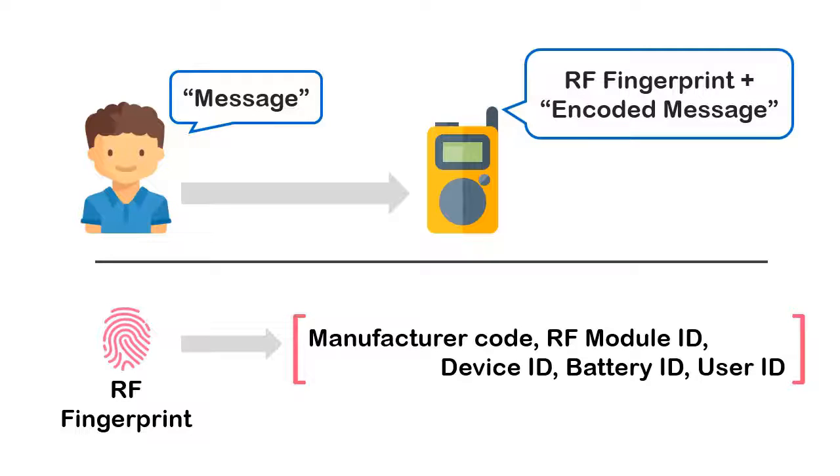First of all, let's not confuse device ID with manufacturer code, because the manufacturer code remains the same among all of the devices produced by a single manufacturer. Let's say there are 5 phones manufactured by Motorola and 5 phones manufactured by Nokia. Then the manufacturer code of all of the Motorola phones will be the same, but it will be different from the one used by Nokia phones. And user ID means either the telephone number of the user itself or an encoded version of the telephone number and other details of the user.